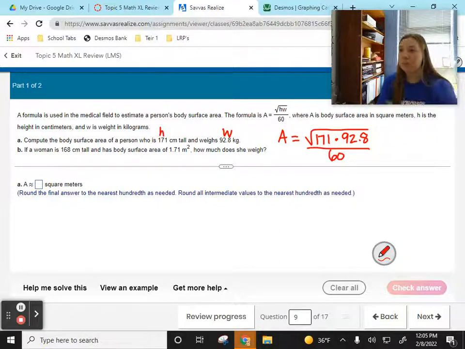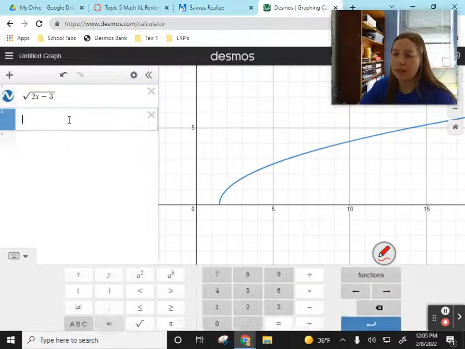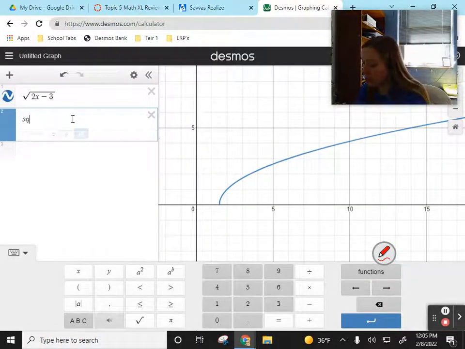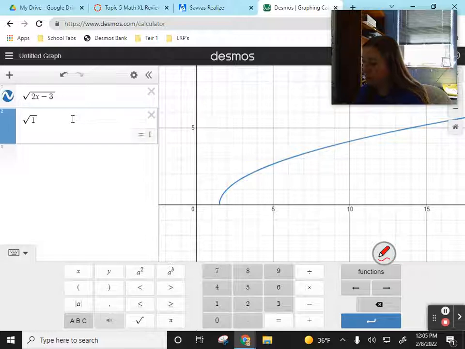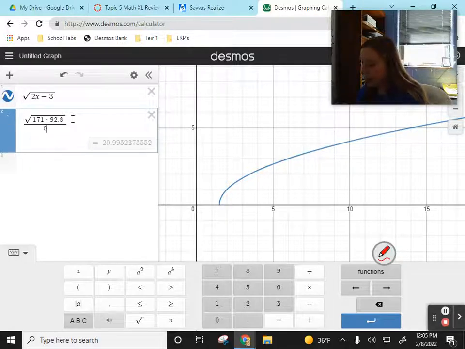That is something that I would type all into my calculator. Over here, the square root of 171 times 92.8 divided by 60.